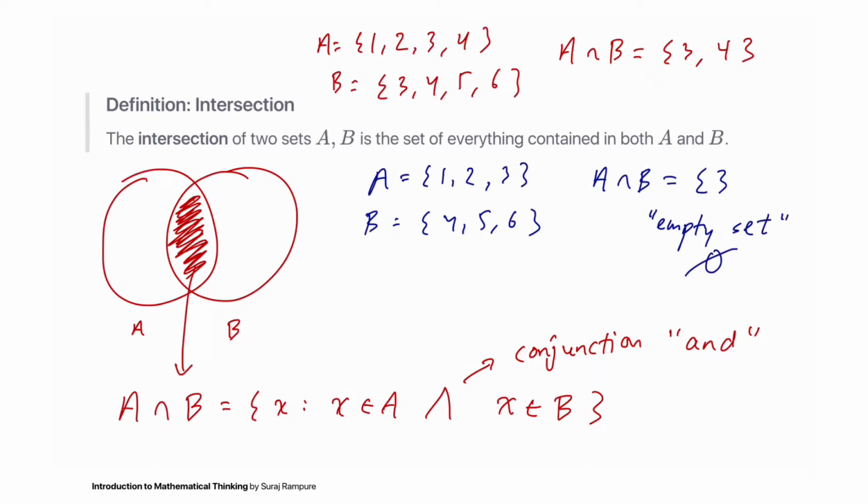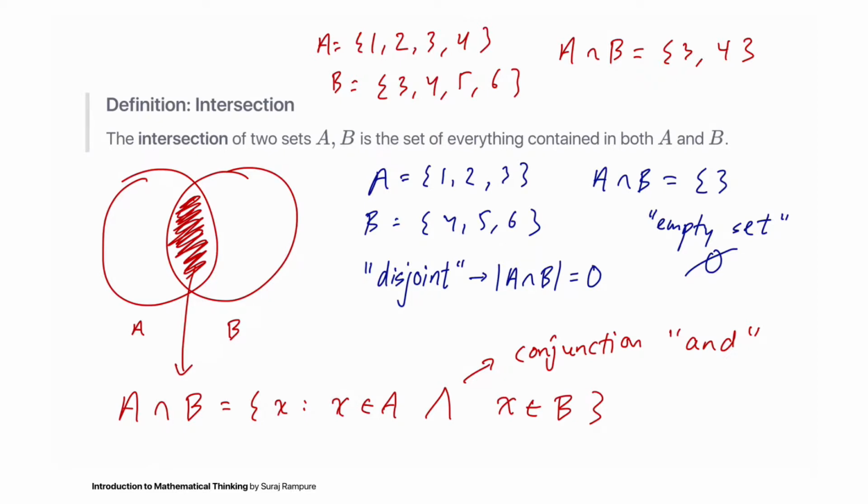Sometimes it's also written as a 0 with a line through it, okay? And if two sets have no elements in their intersection, we call them disjoint. So if the size of the intersection of two sets is 0, that means they share no elements. They're disjoint sets.